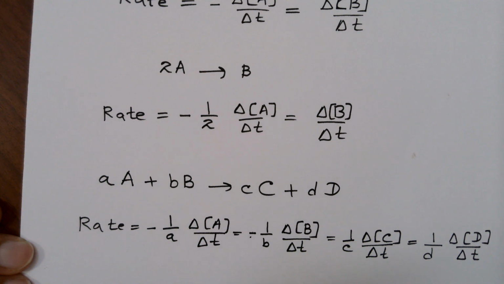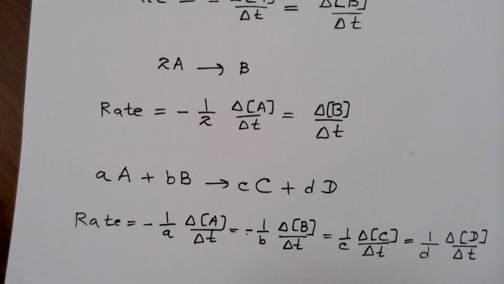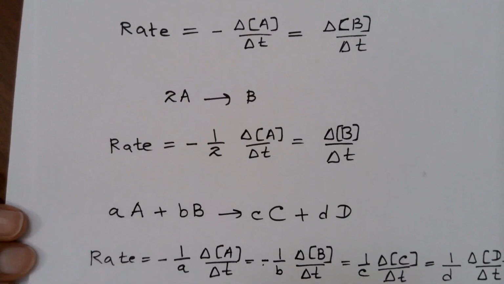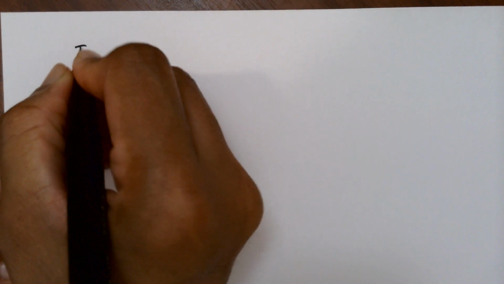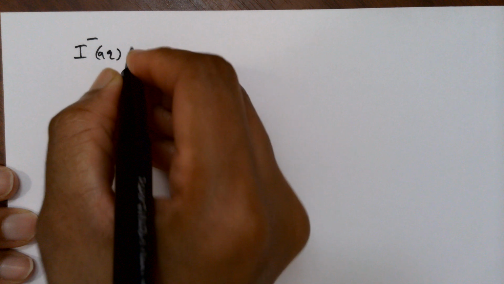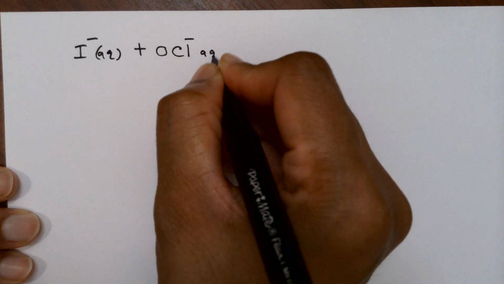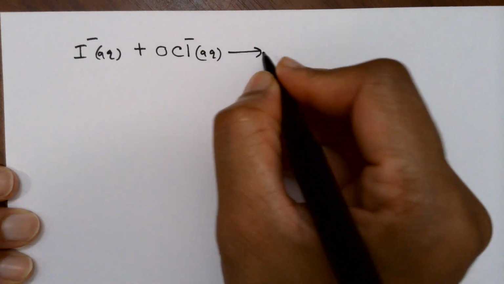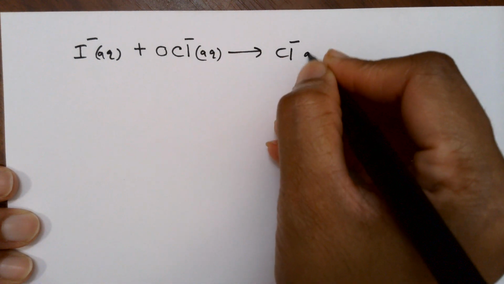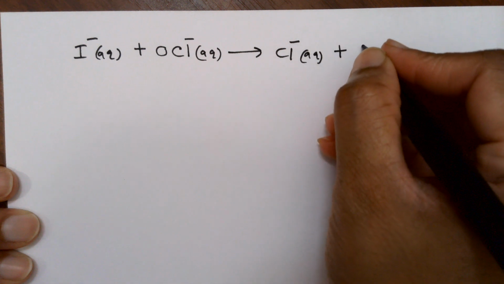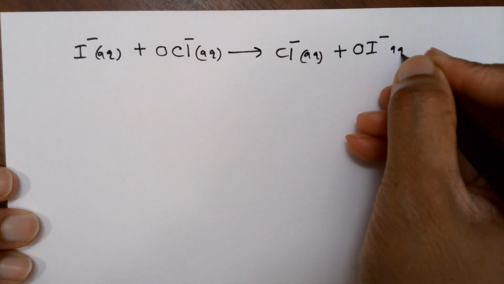Now let's find out what an actual chemical reaction rate expression looks like. The chemical reaction I'm taking here is I minus in aqueous form reacting with OCl minus. Those are the reactants, and they go to Cl minus plus OI minus aqueous.